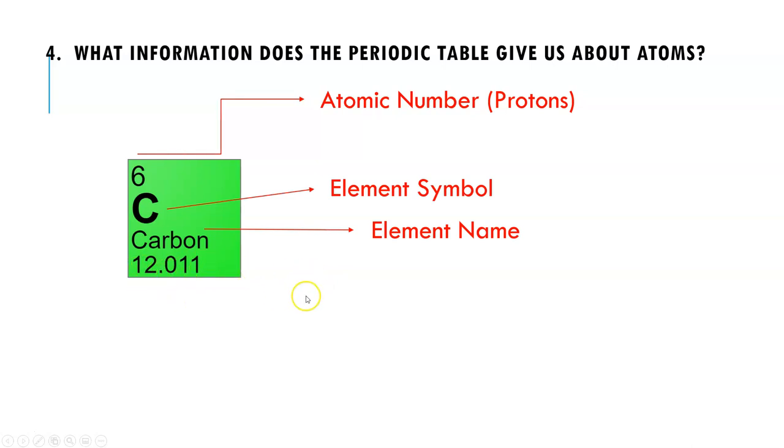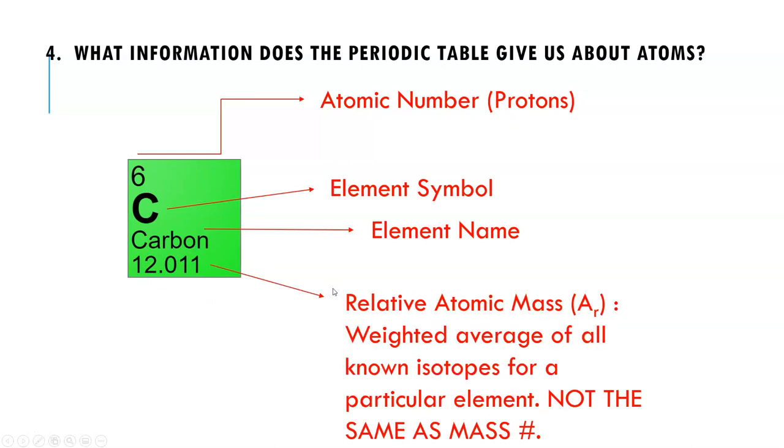Now, the mass that's on the periodic table is not the same as the mass number. That mass we call relative atomic mass, and it's denoted with a capital A with a subscripted R. Now, the relative atomic mass is the weighted average for all known isotopes of a particular element. So different elements have different numbers of isotopes.